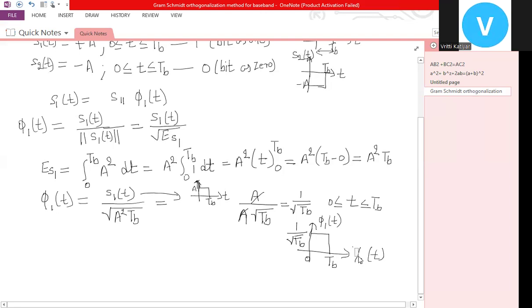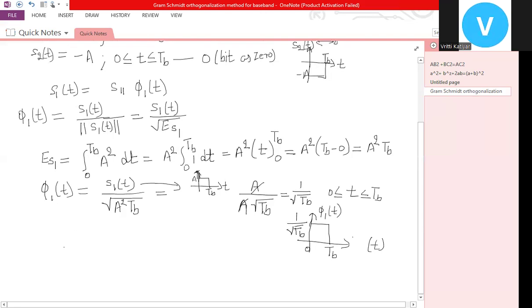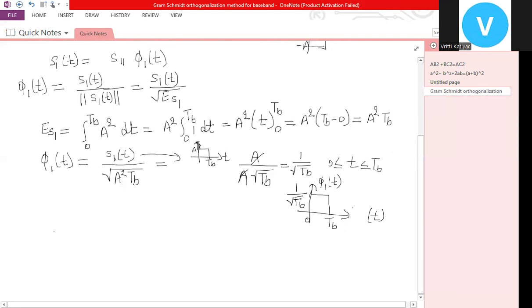Now we'll see what is S11. S1 we know, phi1 also we know. So what is the projection of S1 on phi1? We now look for S11. S11 is the projection of signal S1 on phi1.